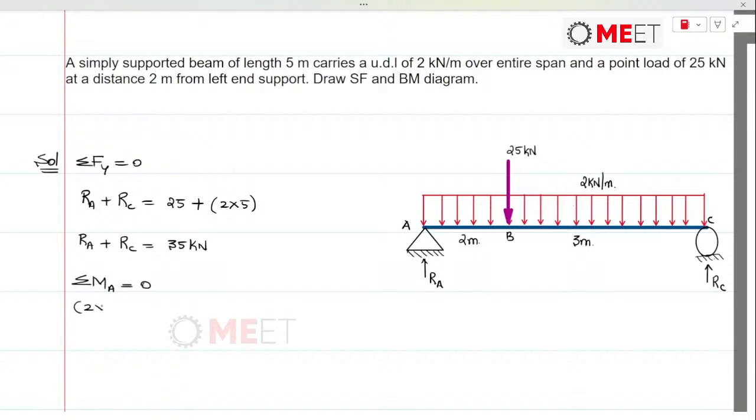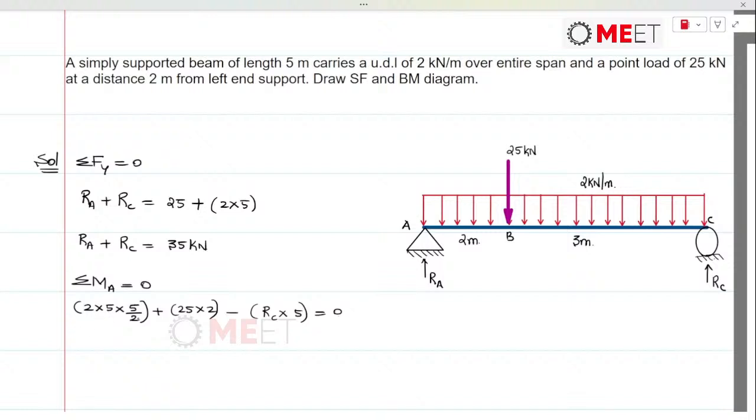That's 2, distributed over 5 meters of length, and when the UDL is converted into a point load, its location will be at 5 by 2, the midspan of UDL. So 2 into 5 into 5 by 2 plus 25 into 2, minus RC into 5, and this is equal to 0.